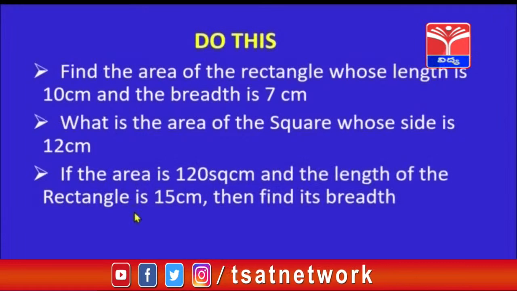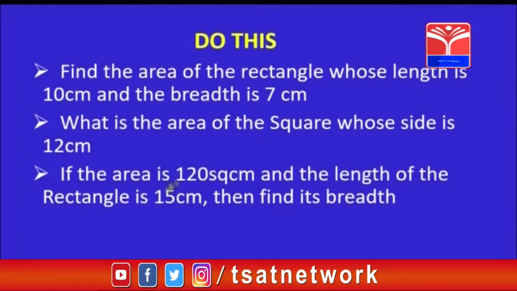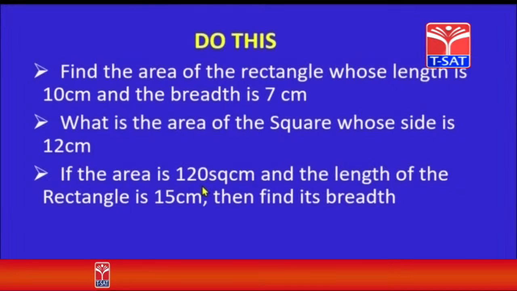If the area is 120 square centimeters and the length of the rectangle is 15 centimeters, then find its breadth. Here area is given and length is given. We need to find the breadth. So here the question is created based on area of the rectangle.